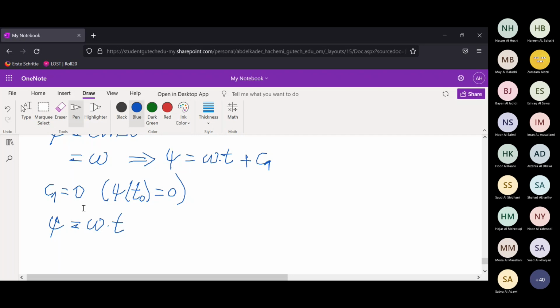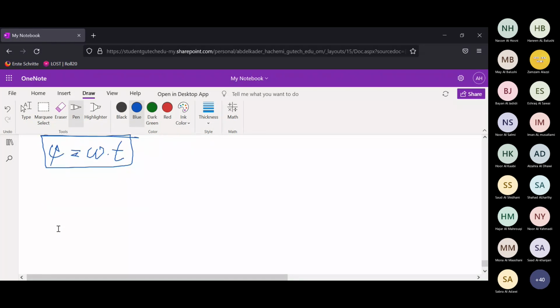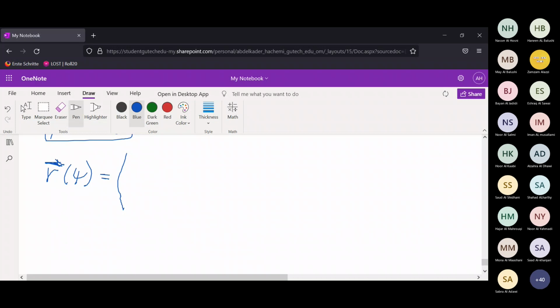Now in the Cartesian coordinate system, we can describe the position vector r as a function of xi. We have the three components along x, y, and z.